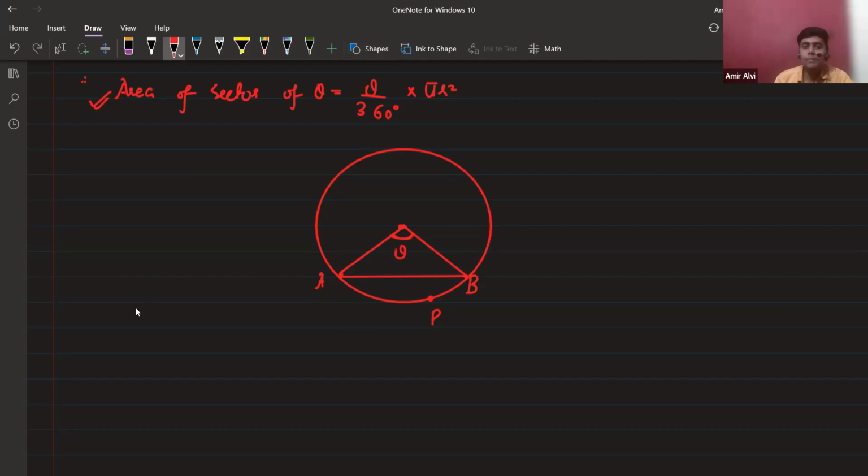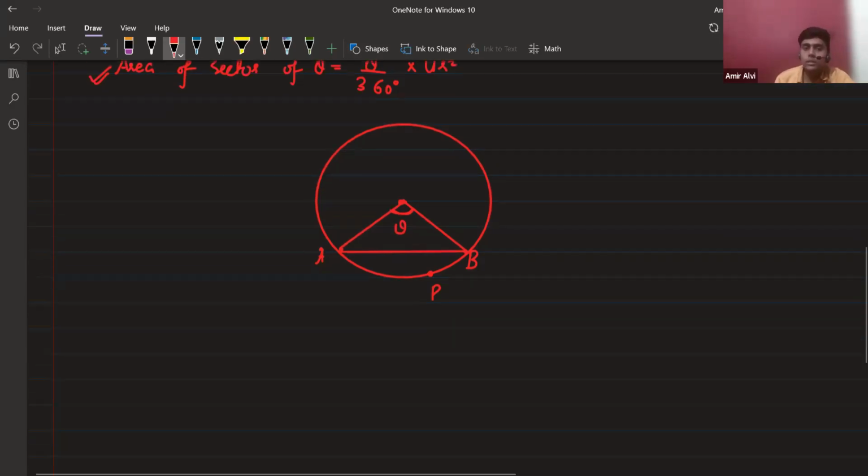So everybody tell me, what is the circumference of the whole circle? I'm asking circumference, everybody. 2 pi r. Very good.